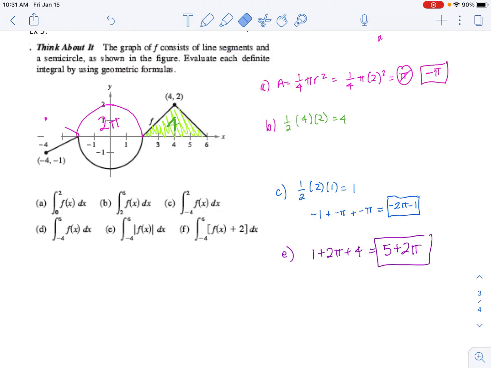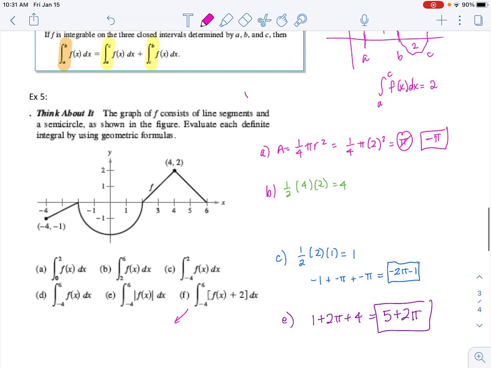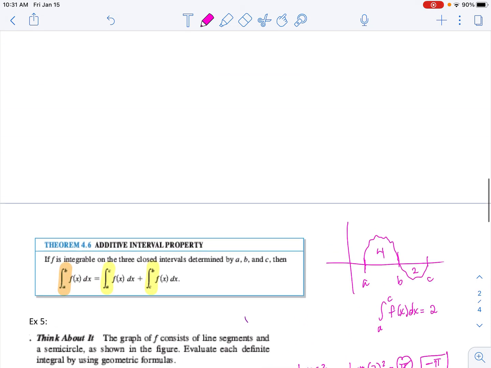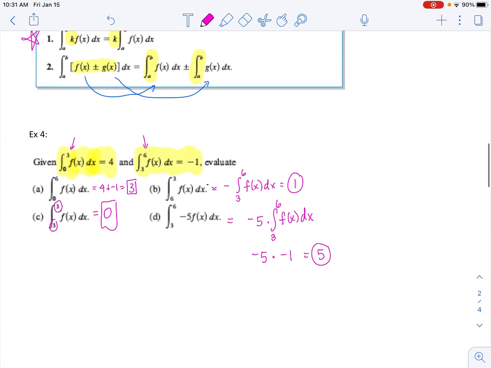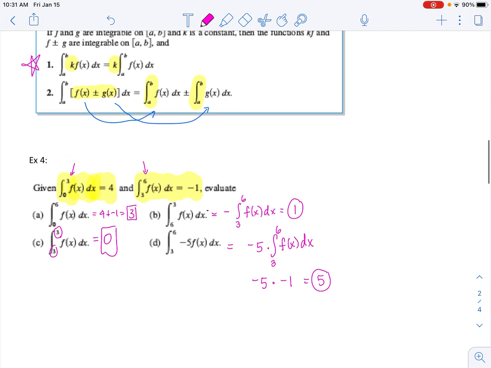That's a really good question, asking us to find the value of f of x plus 2. So we have to combine our wits about us to do letter F. So this is a combination of a couple things. So first thing we want to do is we want to go up here to number 2, this particular property in this box, because that says that we can take things that we're supposed to add together in the integrand and we can split them up.